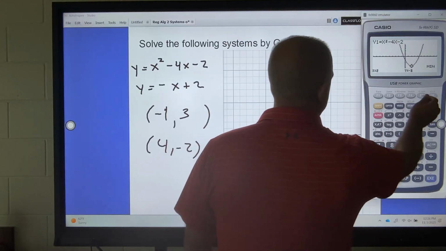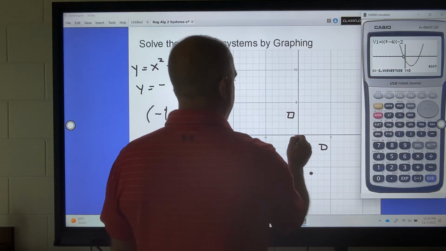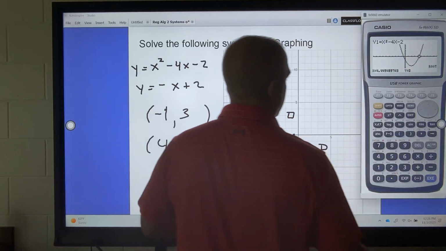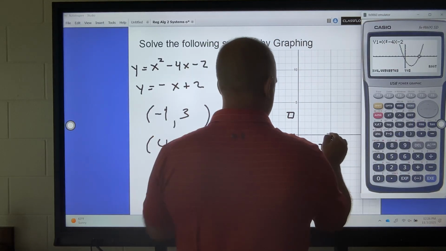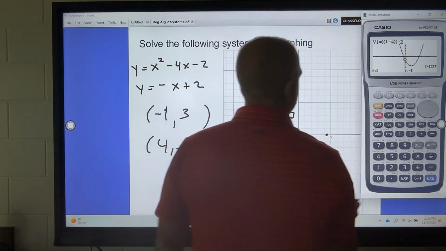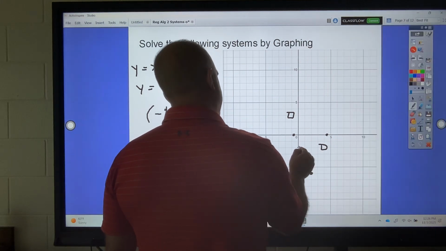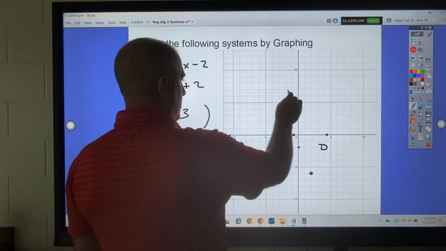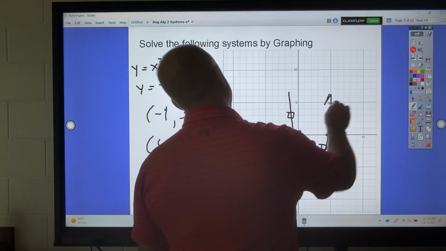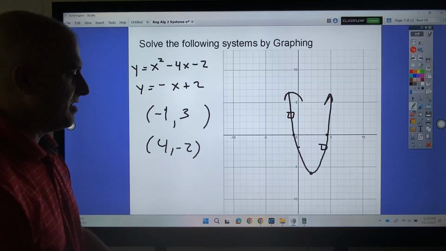G-solve root. I got negative 0.4 and 4.4 here. G-solve y-intercept 0, negative 2. So through all these things, including the intersections, which are the box things, I want to make my dots. It's probably the easiest way to do it.